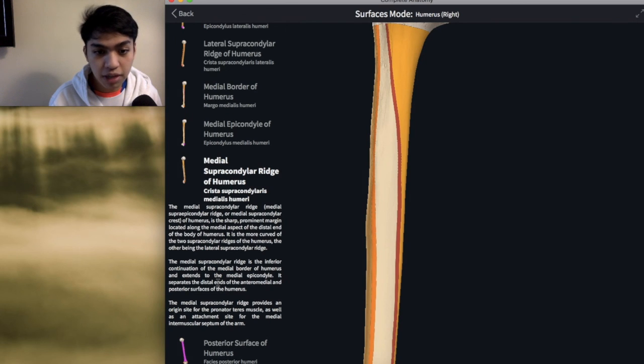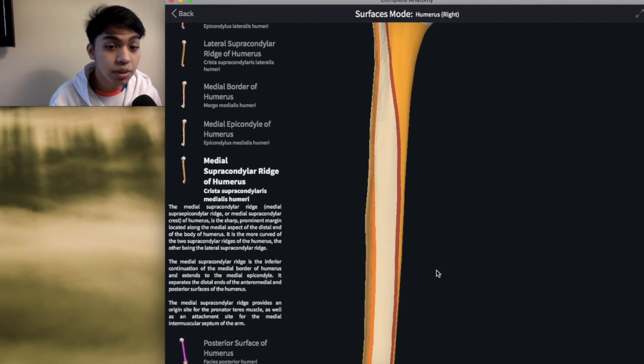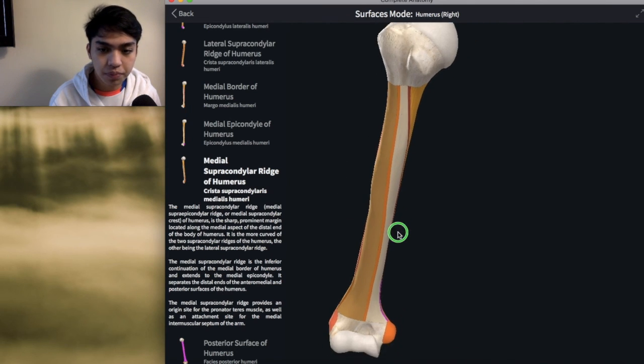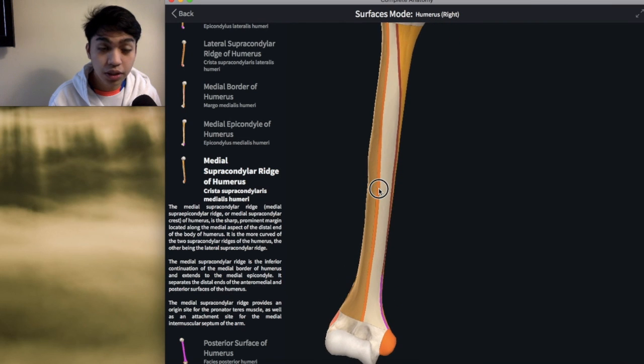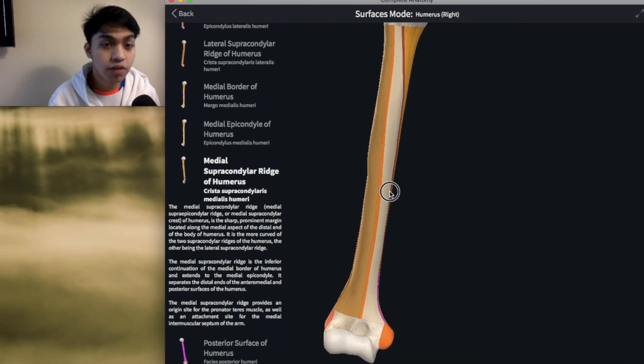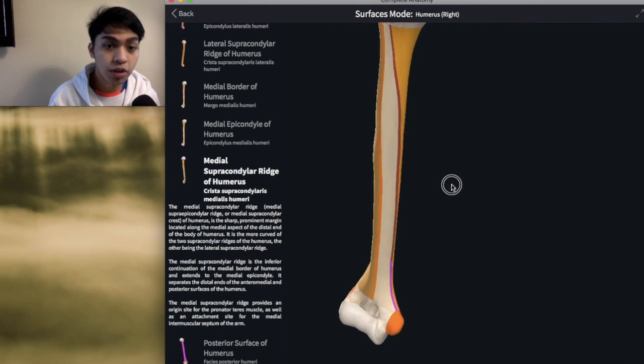It provides the origin site for the pronator teres muscle and the attachment site for the medial intermuscular septum of the arm. Those intermuscular septa are part of the deep sheath of fascia for the fascial compartments. So later, we're going to tackle much on that.